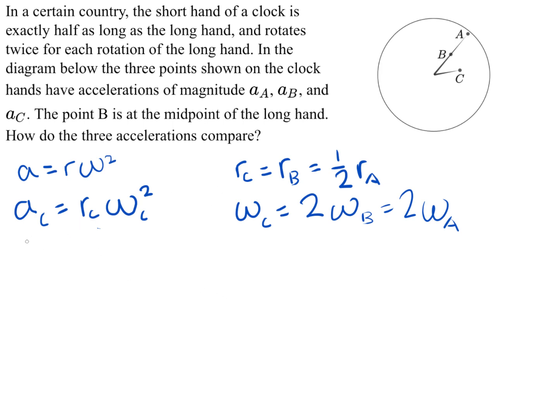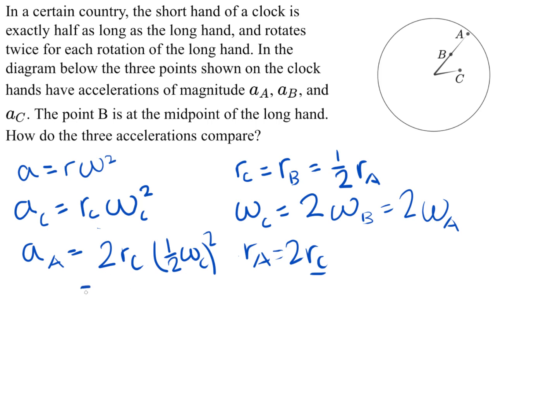So with that, we can write an equation for the centripetal acceleration of A. Let's start with A. So we know that the radius, we need 2 times the radius of C to equal the radius of A. You can simply say that the radius of A is equal to 2 times the radius of C. And we're converting this because we're expressing everything in terms of the radius of C and the angular velocity of C. And the angular velocity of A is 1/2 the angular velocity of C. And we're going to square that.